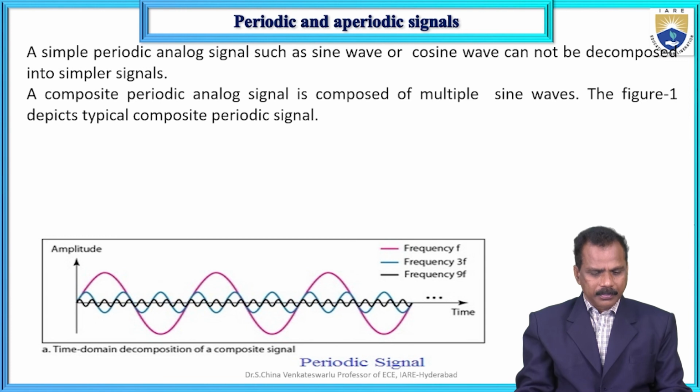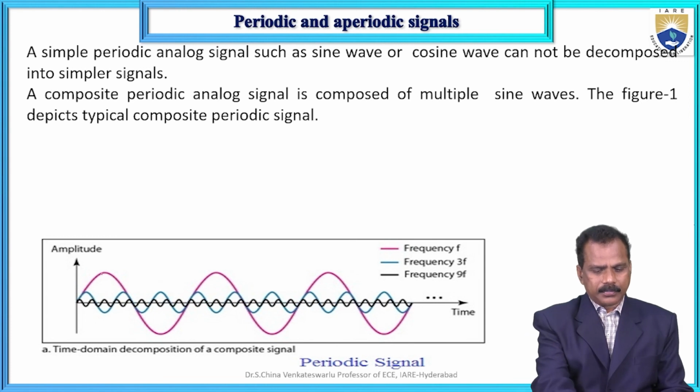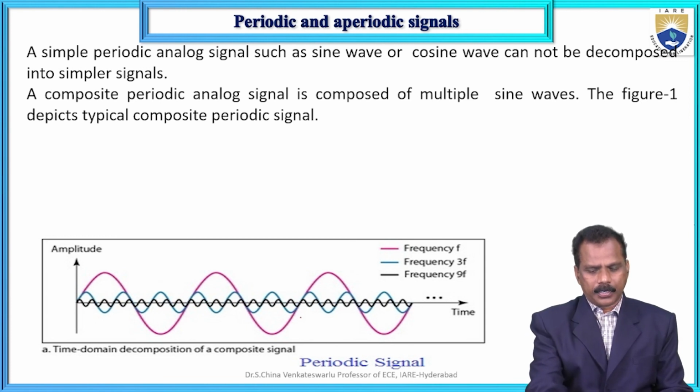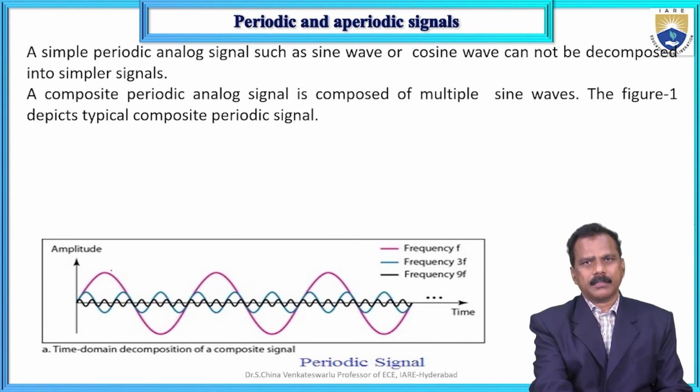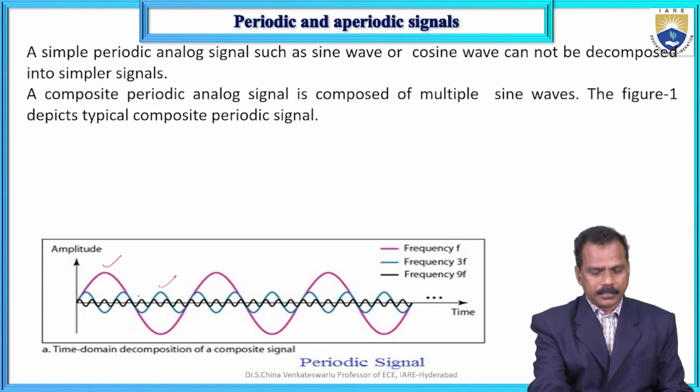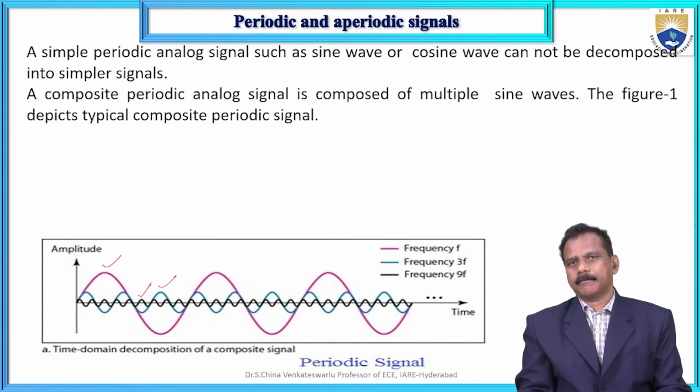How many sine waves are there? This is the first sine wave. The second, in blue color, is also a sine wave. One more sine wave in black color. So three sinusoidal signals are there.